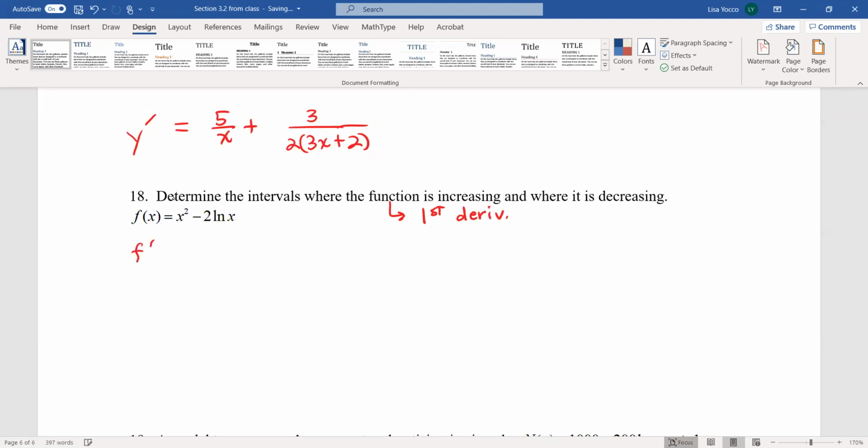So for f prime, now this is a sum of 2 functions, so I just get their derivatives separately. So the derivative of x squared is 2x, minus 2 ln of x, I keep the minus 2, and then the derivative of ln of x, that's the simple case, is 1 divided by x.